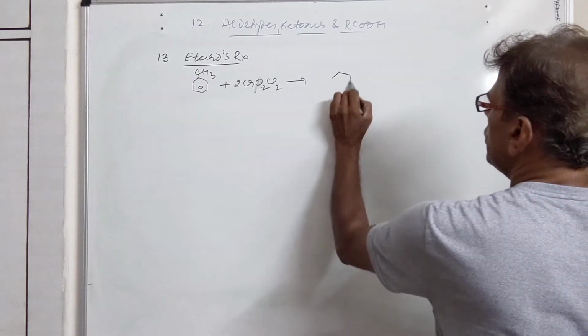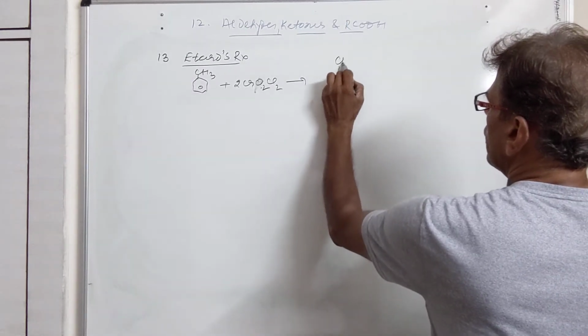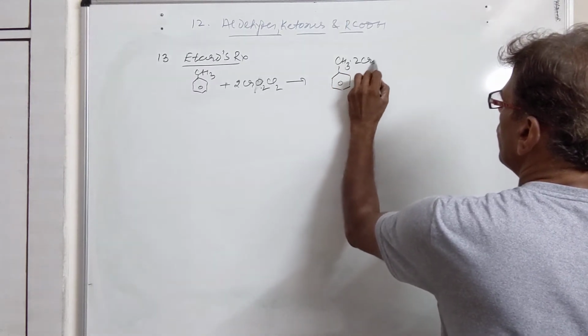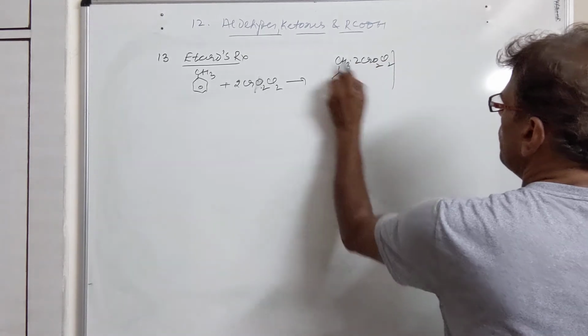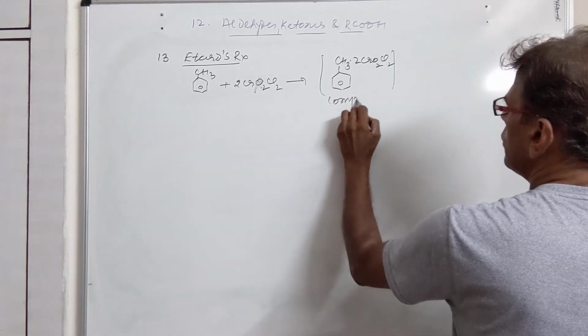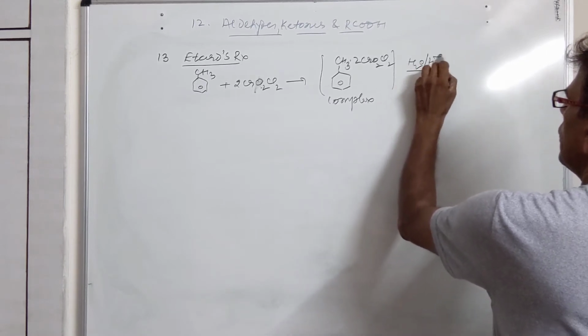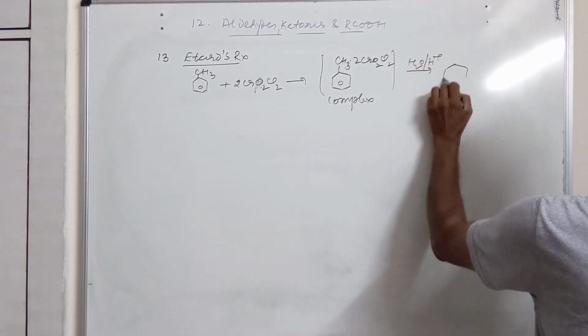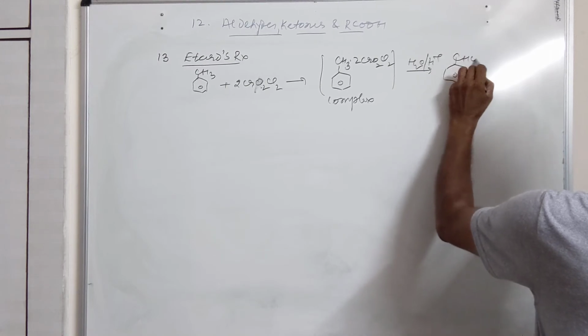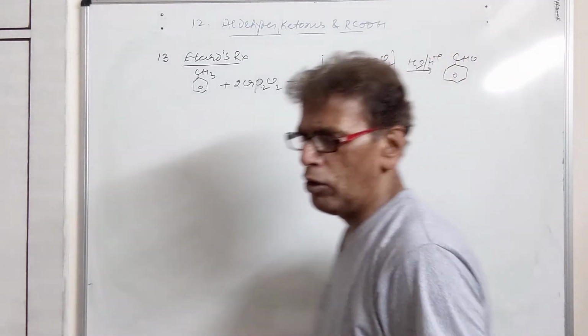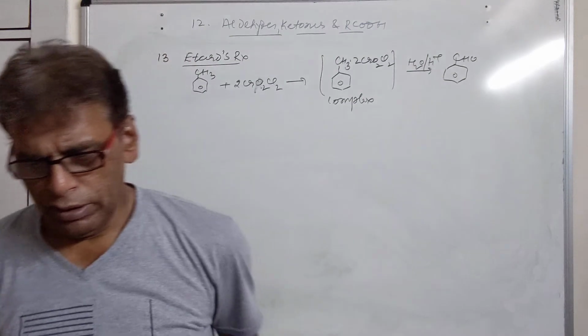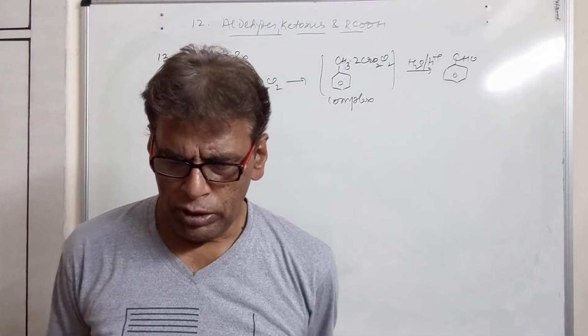It first combines with toluene, giving you a brown colored complex. This complex is hydrolyzed with water. It will give you benzaldehyde. Along with that you will get chromic acid and chlorochromate. So those products are unimportant.